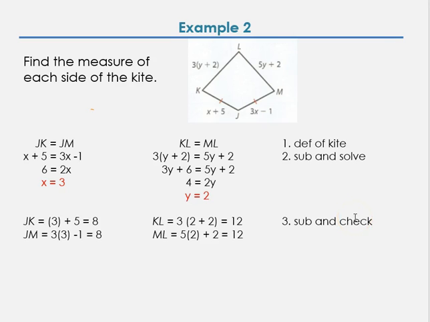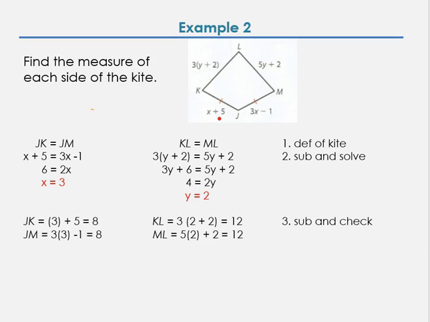Example 2. Thinking about what we know or have just learned about kites, find the measure of each side of the kite. So one of the things that we know about kites, and your drawing does show that, is that there are congruent sides KJ and MJ.